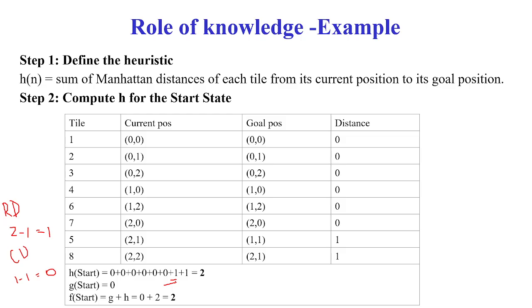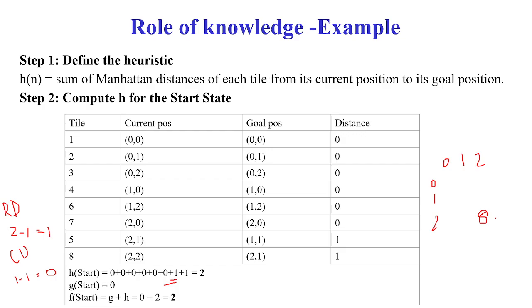Similarly, if you take tile 8, it is at row 2. So maybe I'll write it for you here. 0, 1, 2, 0, 1, 2. Now where exactly is that 8? 8 is at row 2, column 2 here. This is the starting position.